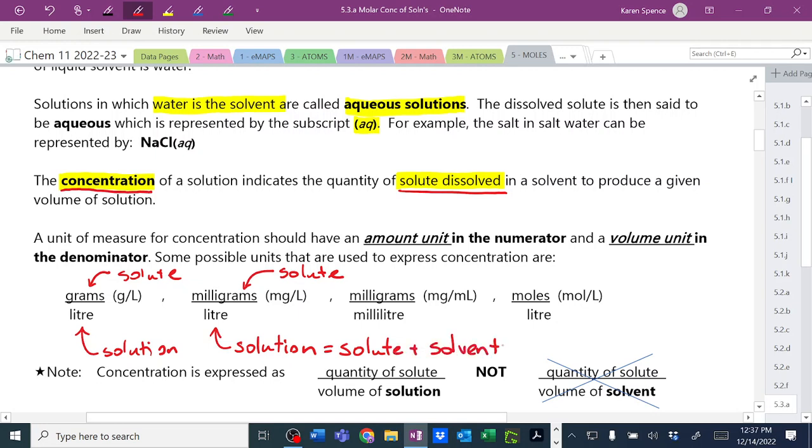Because it is actually quite difficult to figure out the total volume with the solid plus the liquid, it's much more reasonable to mix the two together to a final volume of 1 liter. You know what I mean? It becomes complicated.